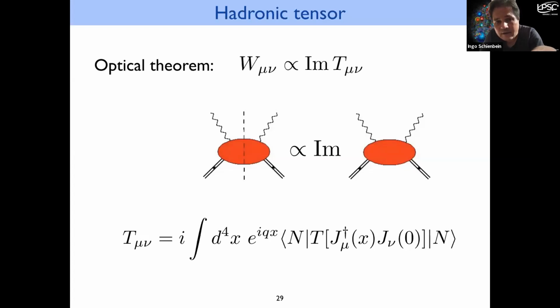This dashed line cutting the amplitude means that the intermediate state is on its mass shell. That is just a graphical representation of W^{mu nu}.